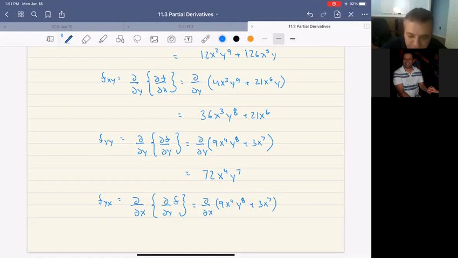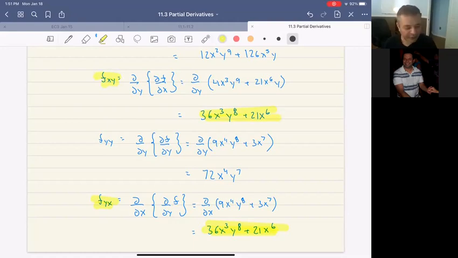Okay, partial with respect to x of this is equal to, let's see, 36x cubed y to the 8th plus 21x to the 6th. Now, what I want you to notice is that this thing here and this thing here are the same. So for a large class of reasonable functions, those two things are going to be the same.